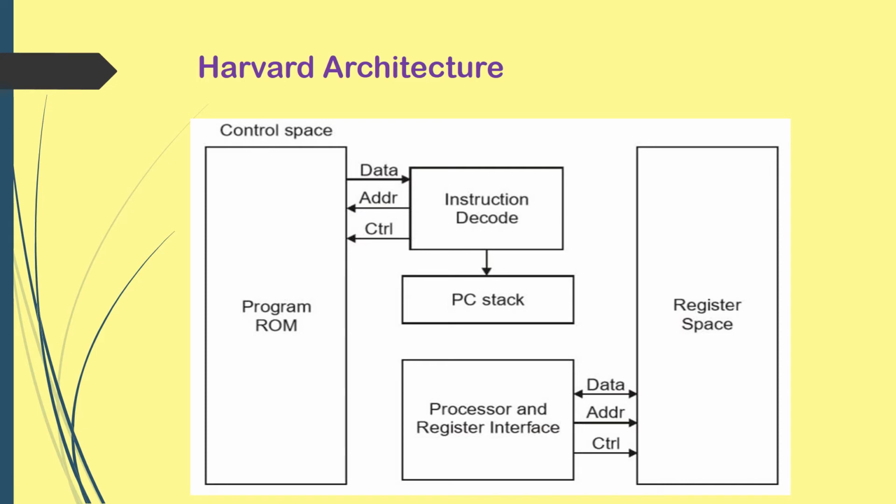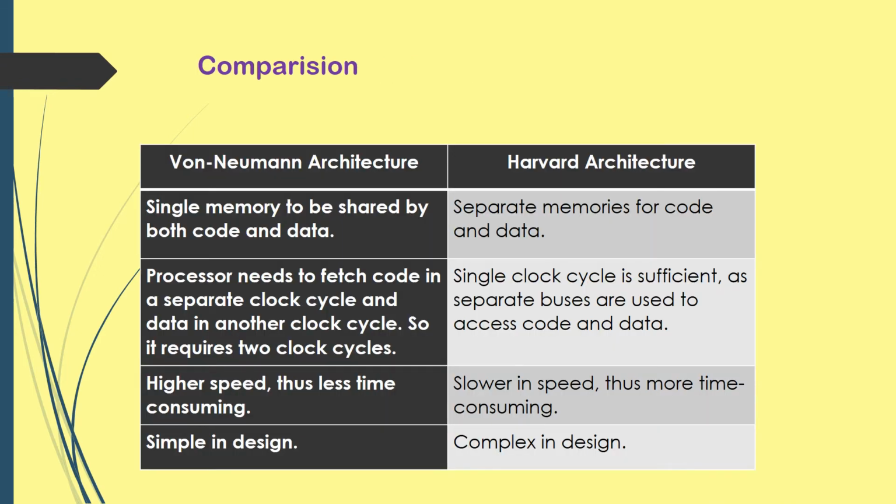As far as the basic differences, we can state here that in von Neumann architecture, a single memory is shared by both code and data. In Harvard architecture, there are separate memories for code and data. In von Neumann architecture, the processor needs to fetch code in one clock cycle and data in another clock cycle, so it requires two clock cycles.